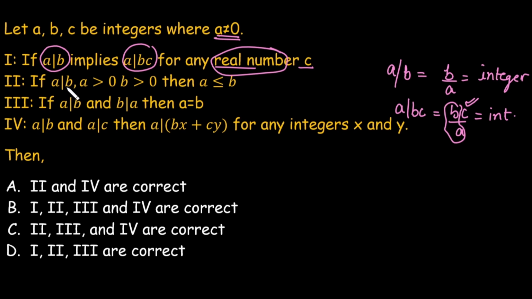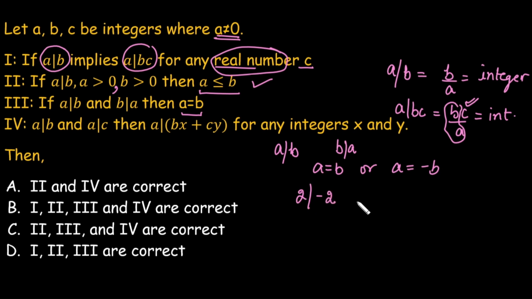Second, if A divides B, A is greater than 0, B is greater than 0, then A is less than or equal to B. Yes, because when we say A divides B, B by A, this is only possible when A is less than or equal to B. Third, if A divides B and B divides A, that is only possible when A is equal to B. No. Remember that when we say that A divides B and B divides A, that is possible in two cases, either A is equal to B or A is equal to minus B. Take the case of 2 and minus 2. 2 divides minus 2, minus 2 divides 2, but both are not equal.